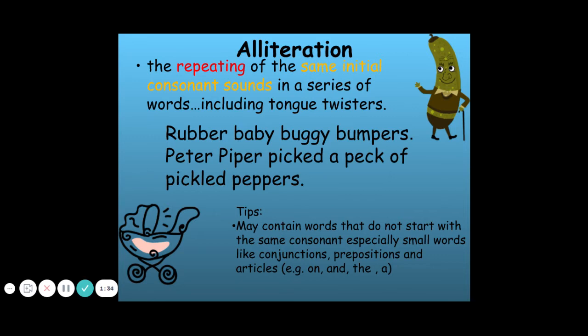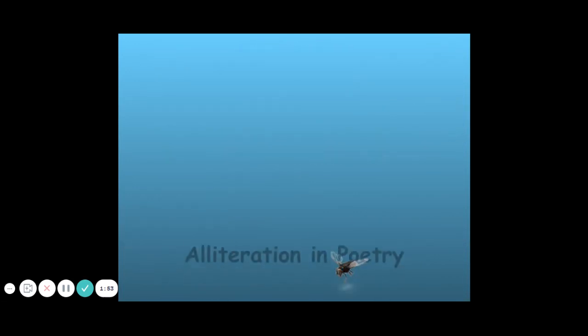See, on the first one, we repeat the B sound, where in the second one, we repeat the P sound. Many contain words that do not start with the same consonant necessarily, so you're going to have to add in conjunctions and prepositions and articles to make it make sense. But the main words are going to have that same initial consonant sound.